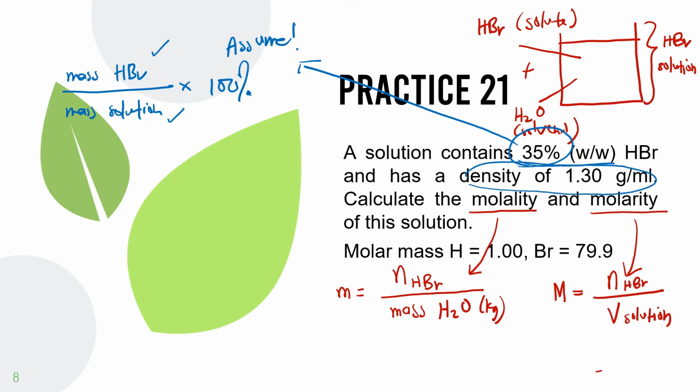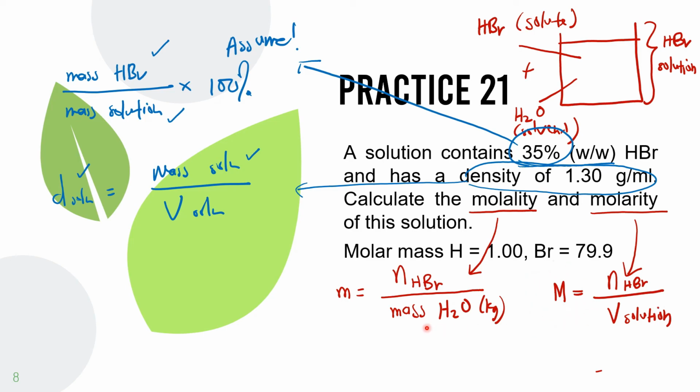Because the formula is density of solution equals mass of solution over volume of solution. By knowing the density already and the mass of solution from the calculation above, you can find the volume of solution. This volume of solution you can put in here. Now you have n of HBr and V of solution, so you could find the molarity of the solution.